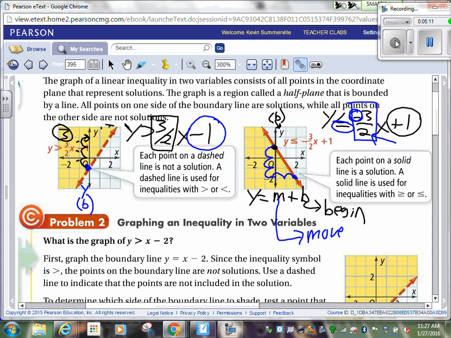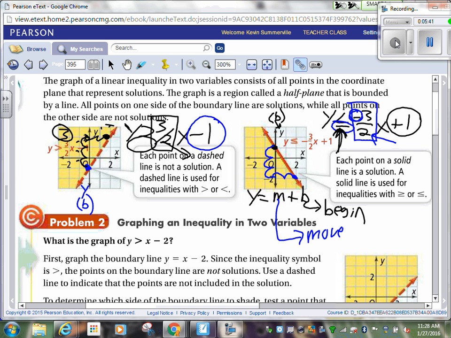This bottom number tells me I have to go which direction? Left or right? We always want to go right, okay? And you notice that line is a dashed line because there is no equal sign underneath. With this one right here, we have an equal sign.